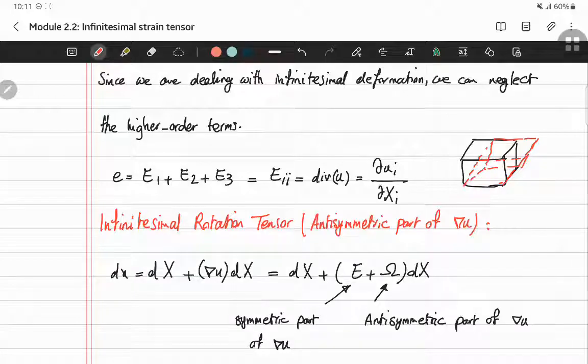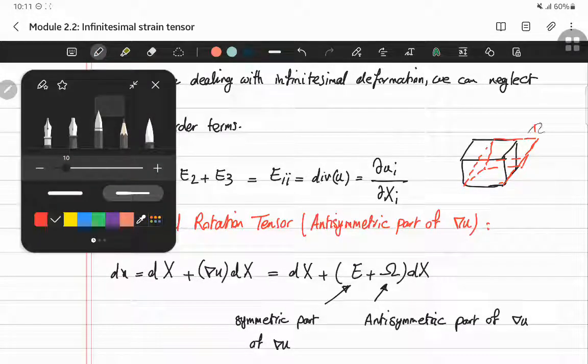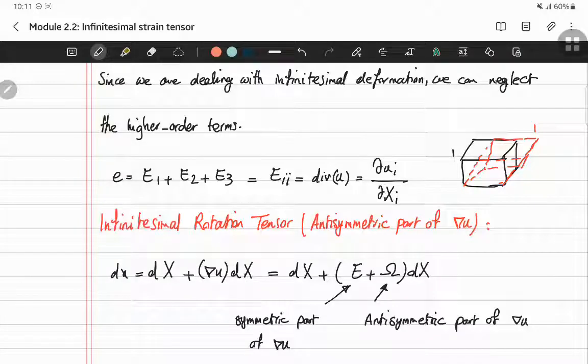The initial volume is 1 and the deformed volume is also 1. So you don't see any dilatation because divergence is equal to 0. There is no difference: 1 minus 1 divided by 1 is 0. E is 0, the divergence is 0. But you see that you have some kind of strain or deformation generated in your configuration. Therefore, bear in mind that zero divergence does not mean that you do not have any deformation.